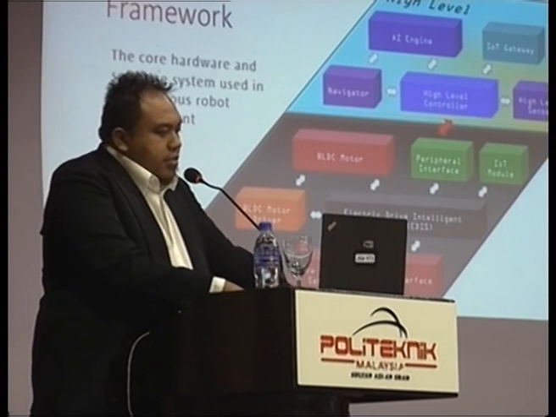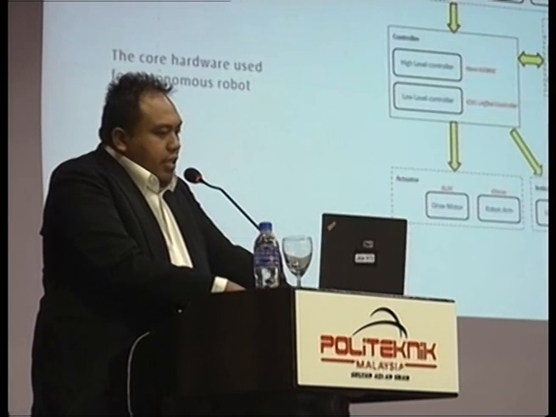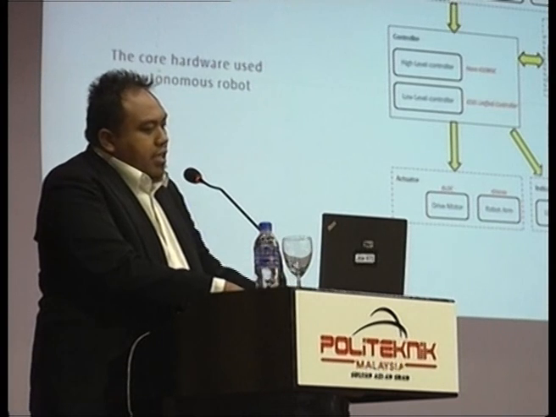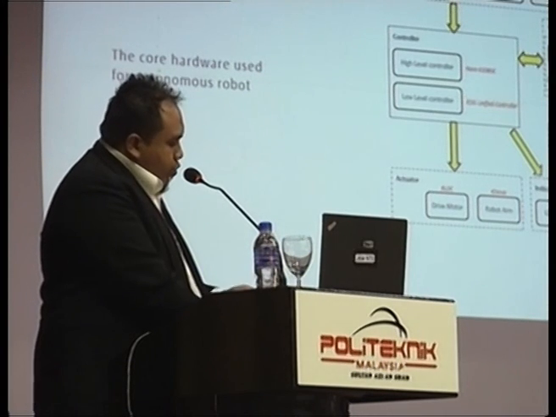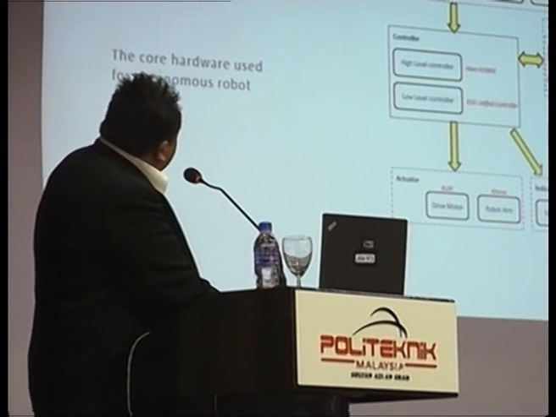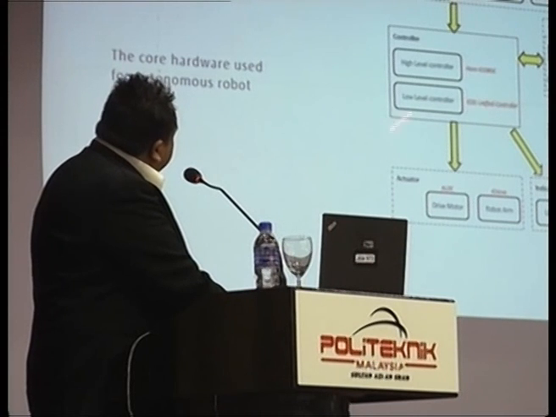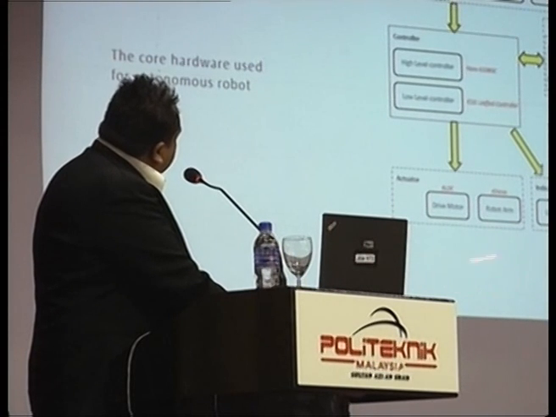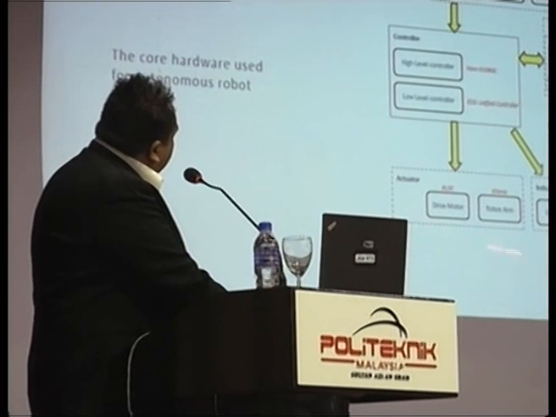Our autonomous frameworks and some of the sensors that we use in our system. So this part is the electrical part where you have a motor driver and the motor.